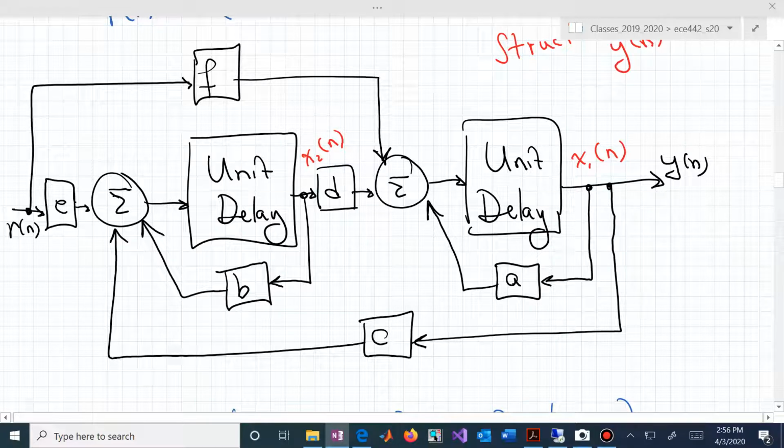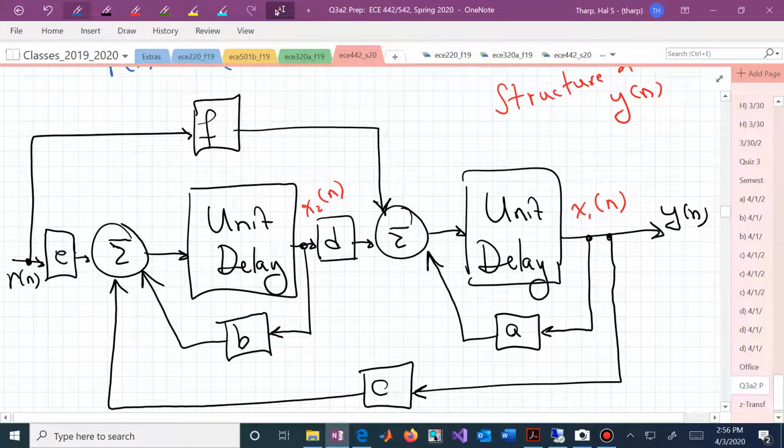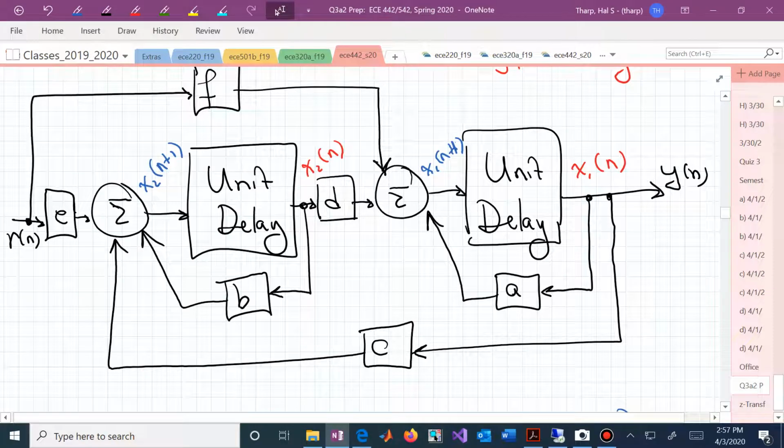Hopefully you can now see that what we want to find for our state space representation is x sub 1 of n plus 1 and x sub 2 of n plus 1, written in terms of r of n at the present time and x sub 1 of n and x sub 2 of n at the present time. X sub 1 of n plus 1, I hope you can see that's d times x sub 2, a times x sub 1, and f times r.